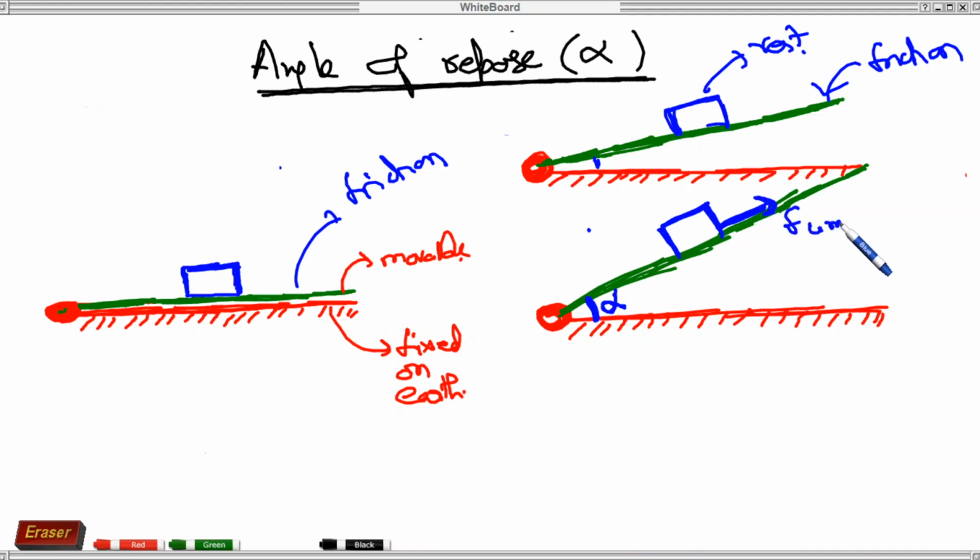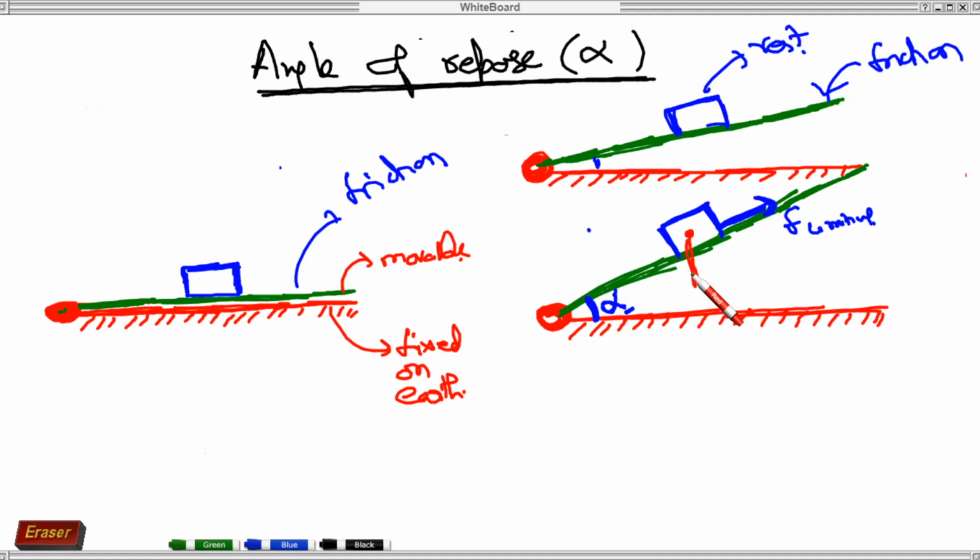F limiting, I told you, is the maximum friction force after which the movement will start. So let's check out what would be the forces that will be acting.